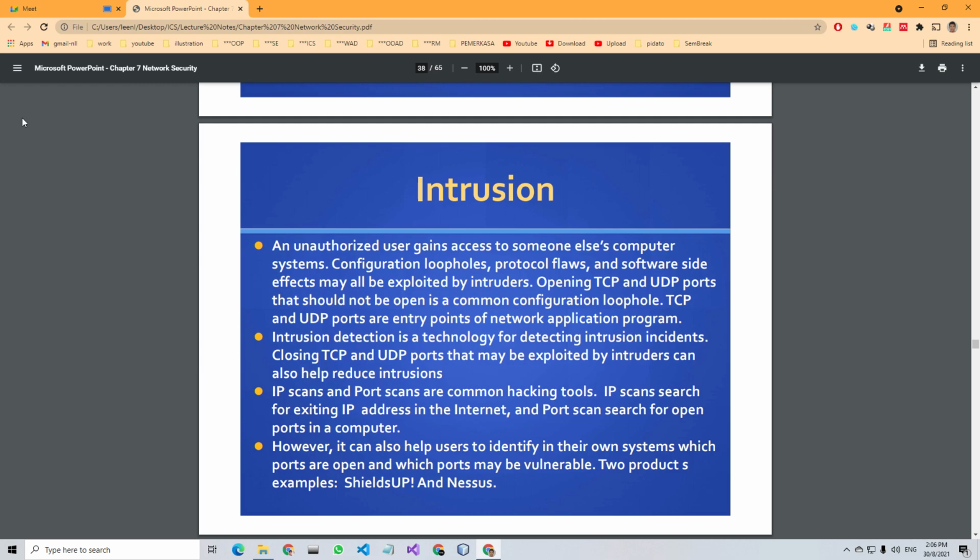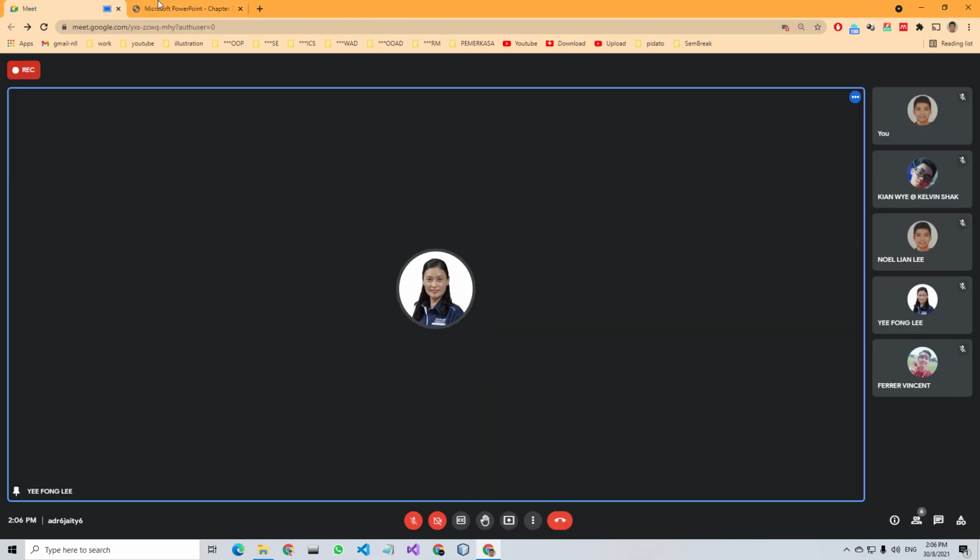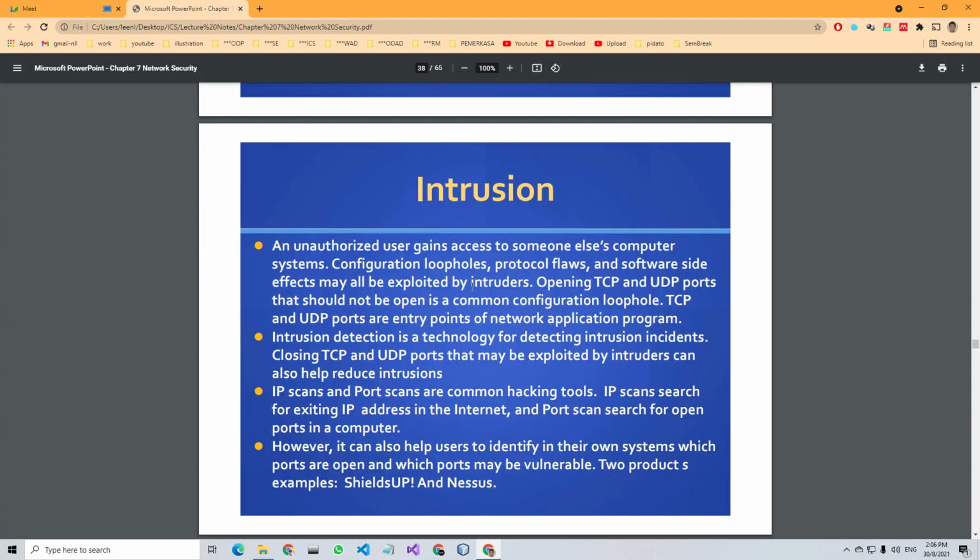Let's continue. Intrusion. Computer intrusion occurs when someone tries to access a computer system. Computer intruders or hackers might use automated computer programs when they are trying to compromise computer security. There are several ways here.